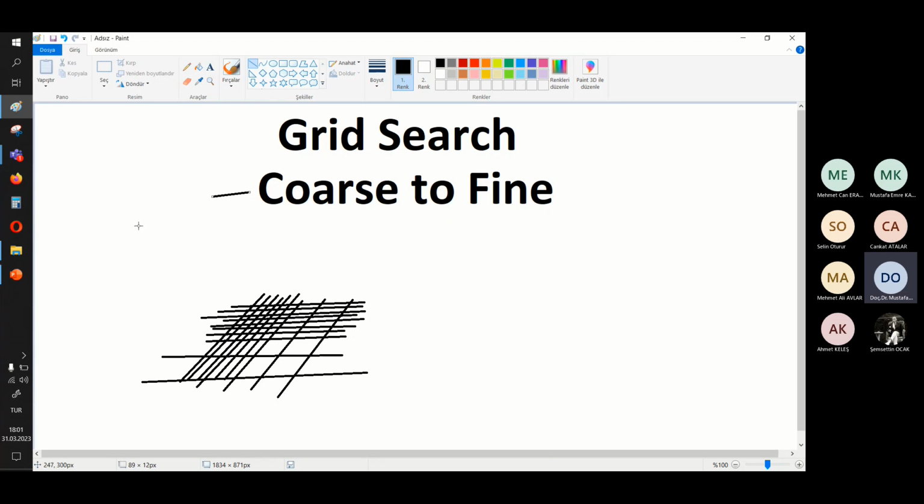After that, we put another grid in a reduced search space around this minimum point, creating new samples around it and hoping that the global minimum is somewhere around. Okay.